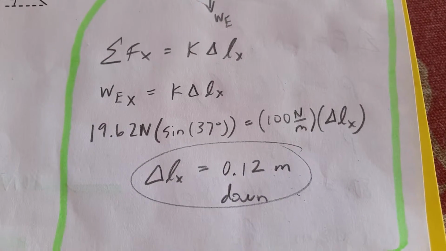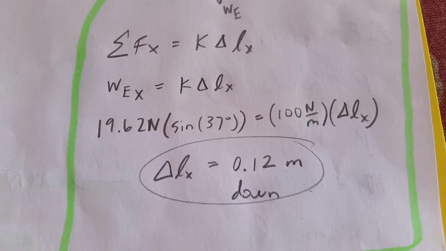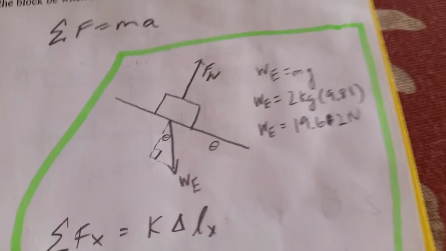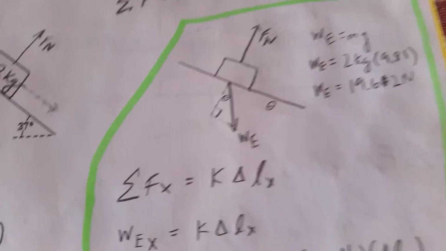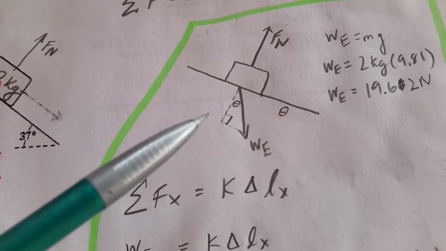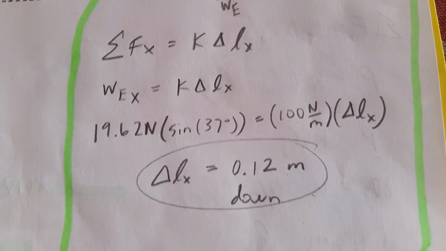On the right hand side, nothing really changes. On the left hand side, all the forces in the x direction are just the component of the weight. That's right here. It's the only one in the x direction, and this is the y. So we only need the x.